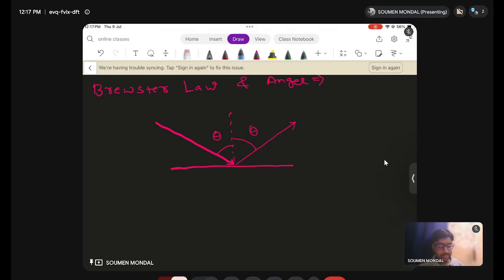And Brewster, when he became aware of this, performed a very precise experiment, and he observed that for a certain angle the ray becomes completely polarized, and in that scenario the angle between the reflected light and the refracted light is 90 degrees. When the angle between the refracted ray and reflected ray is 90 degrees, Brewster observed that the reflected light is 100% polarized, or nearly wholly polarized at least.